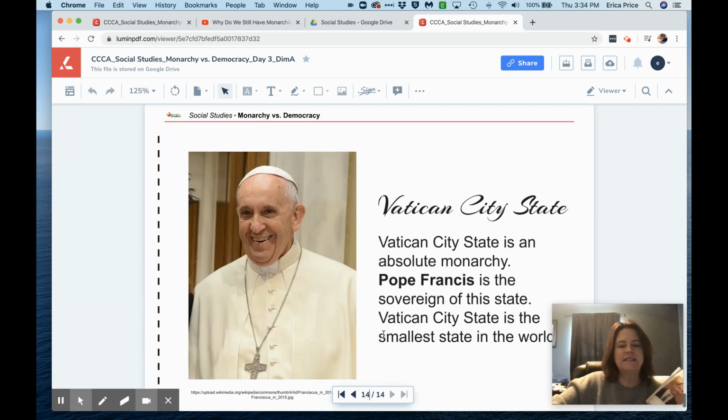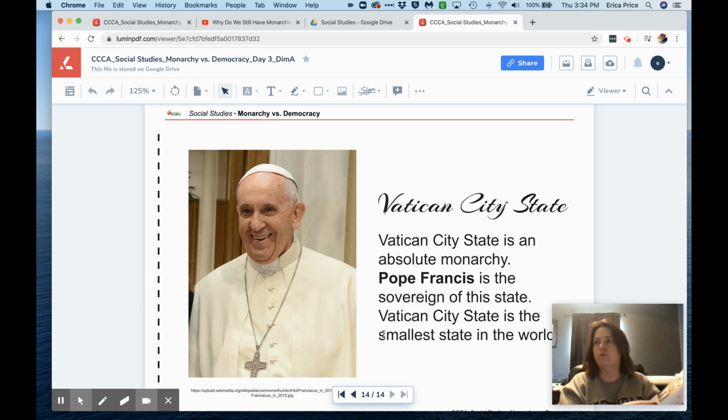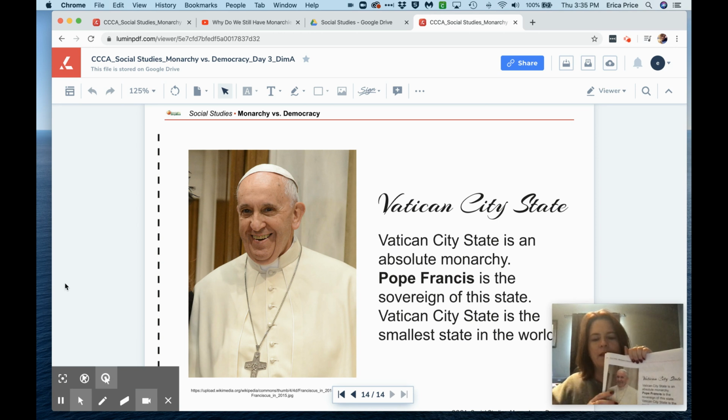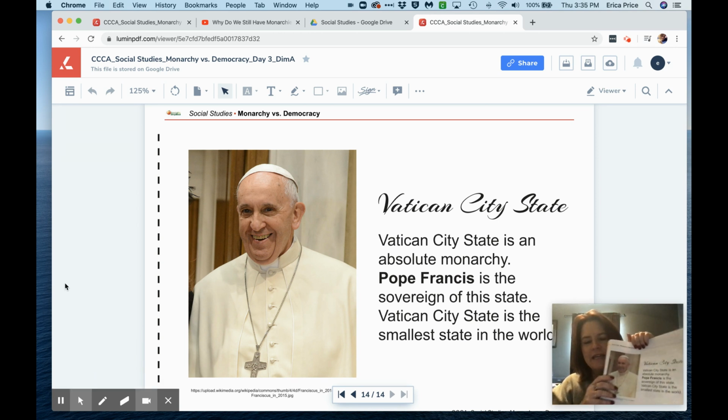The Vatican City State. That's our last one. Last one, Vatican City State. Vatican City State is an absolute monarchy. Pope Francis is the sovereign of this state. Vatican City State is the smallest state in the world.